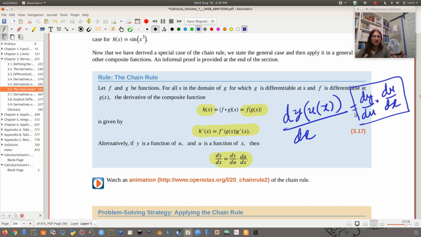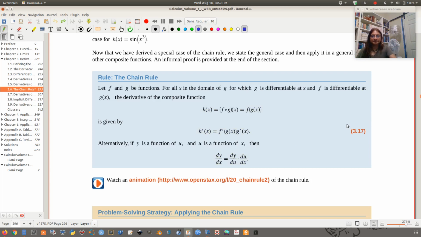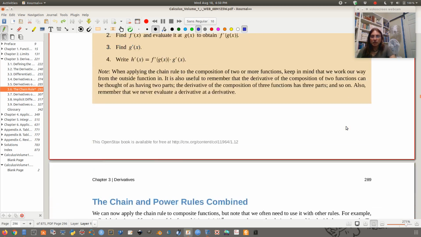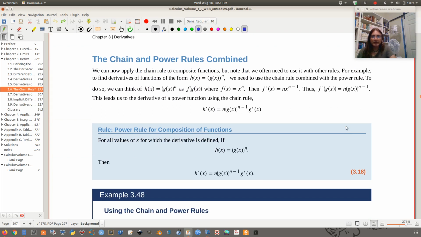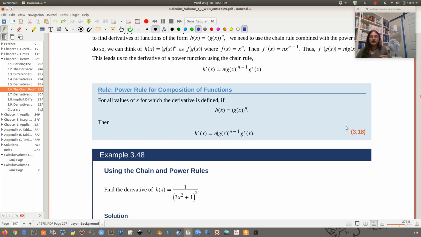Okay, now let's just apply it to many examples, and the more you apply, the easier it becomes. So let's see, for example, we have the function g of x to the power n. So it's a power function.